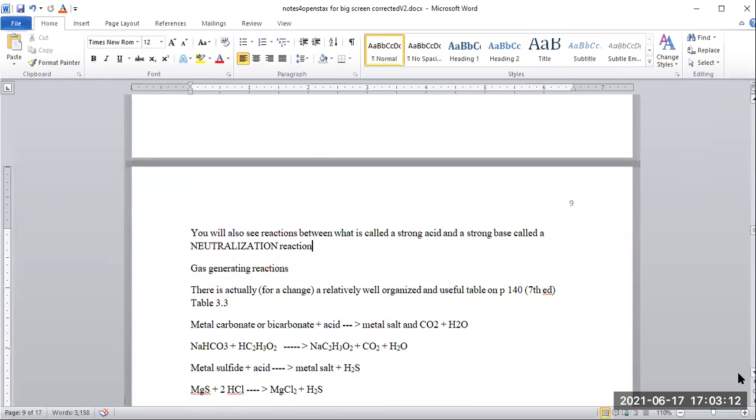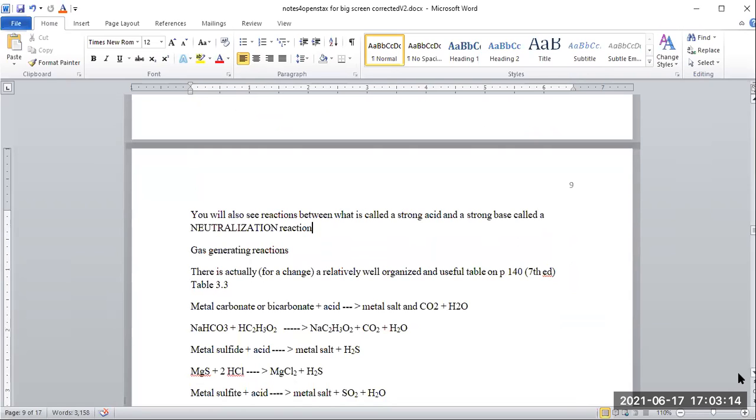And actually, I don't remember if, okay, I will not swear that this is actually the right thing. I have changed editions of textbooks so many different times. I don't actually remember if page 140 is in truth the correct edition for this textbook.